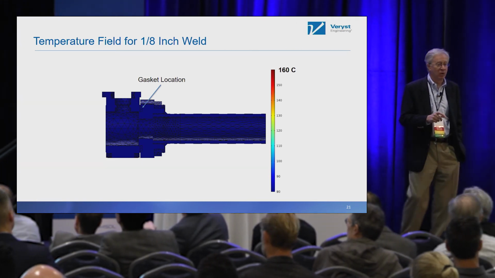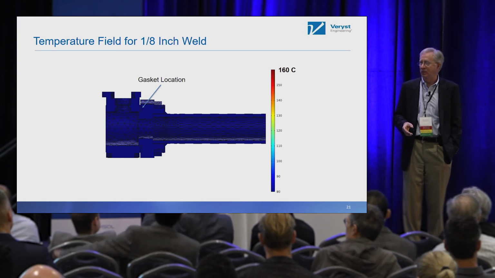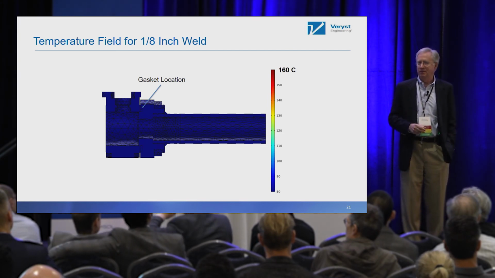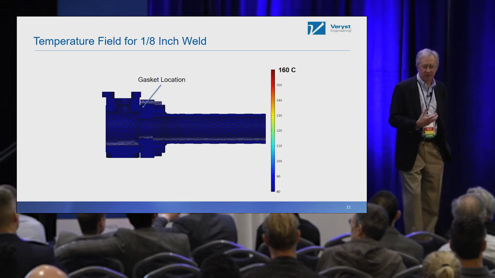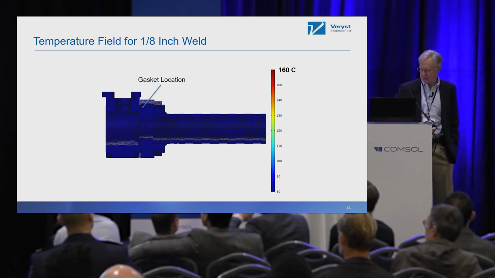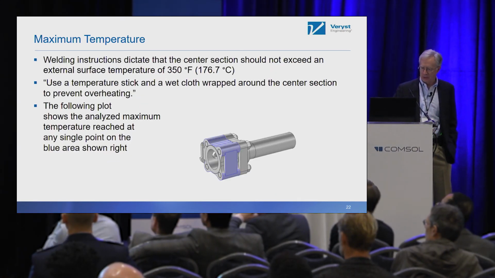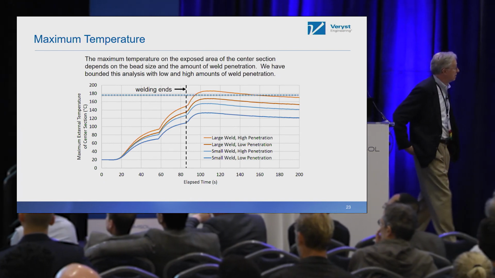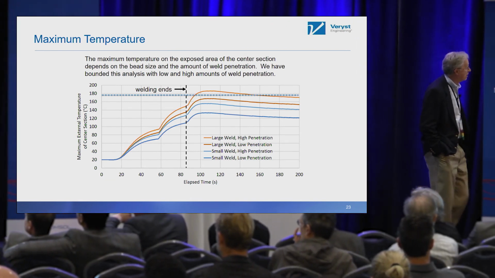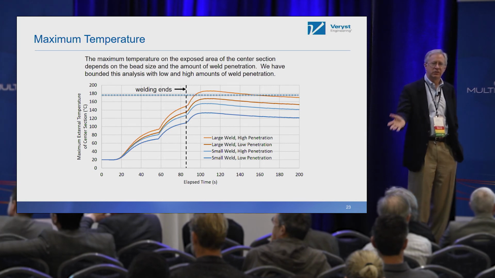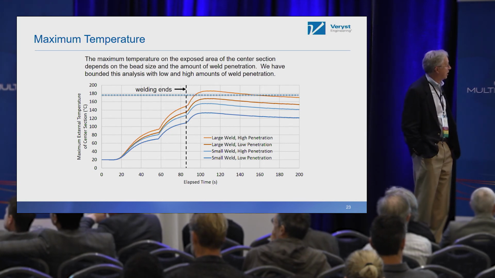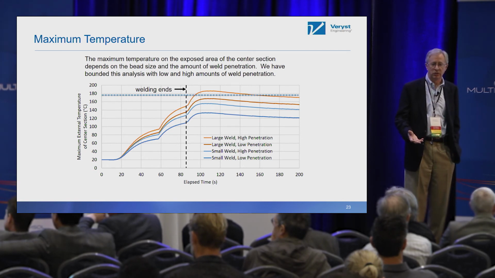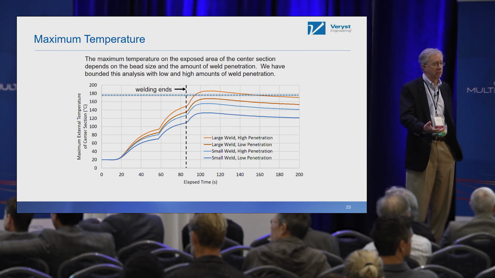Another explanation, however, was that the valve wasn't assembled properly to begin with, that the bolts weren't tightened, and therefore they'd delivered a defective product. So we'll get to that in a second. This is just a repeat of what we said before, but when we plot the maximum temperature in the body of the valve, on the other side of the gasket, under the conditions of too large a size, even under conservative conditions, we were able to see that we were exceeding the recommended temperature.